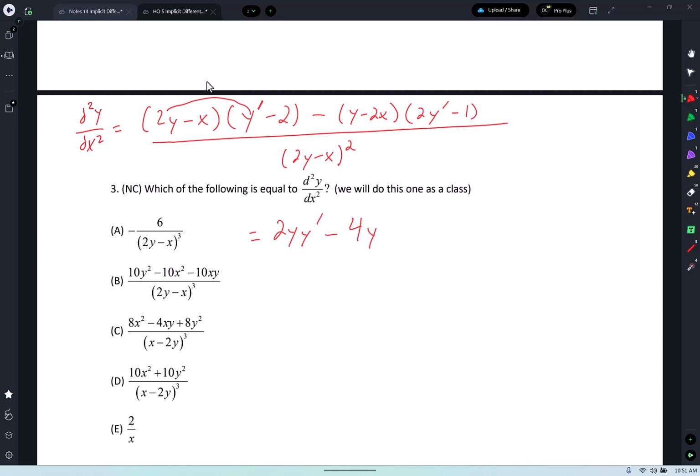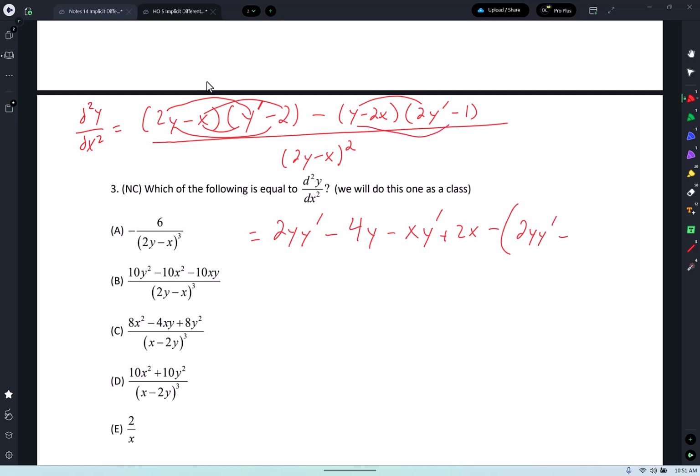Make sure that my algebra is good, because I make mistakes all the time. 2y times negative 2, negative 4y. I think we're good right now. Minus xy prime plus 2x. I'm just doing this. And then let's see, minus giant parenthesis 2y prime. I'll distribute the negative a little bit.